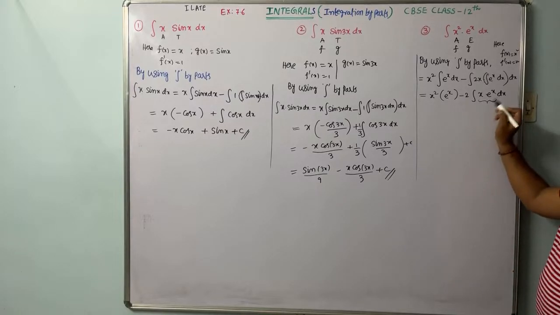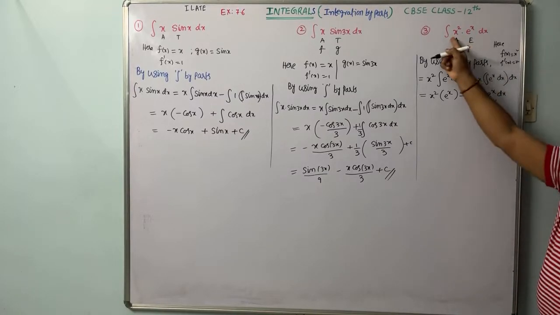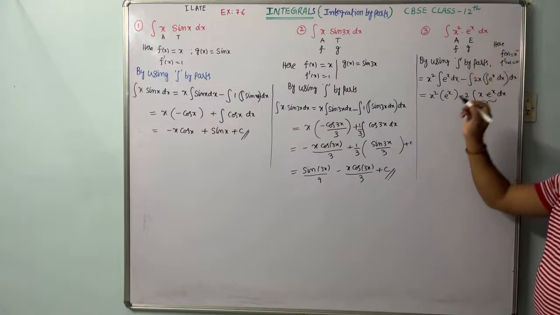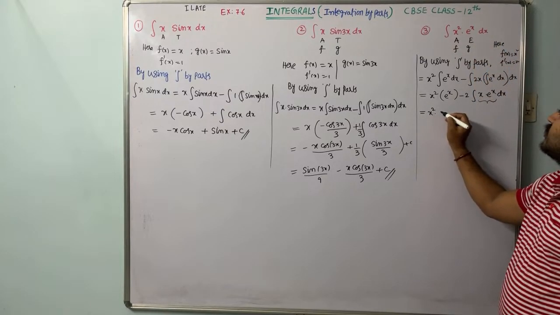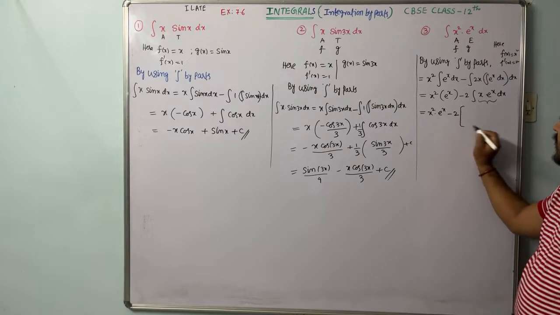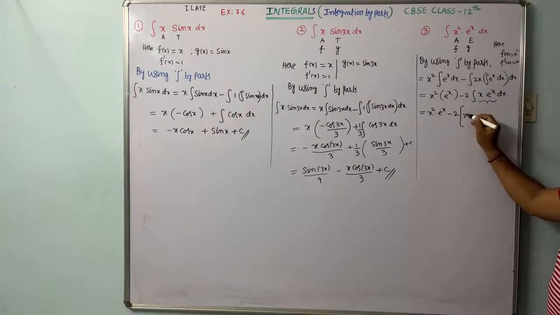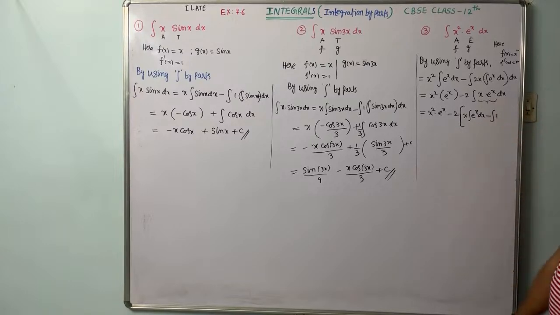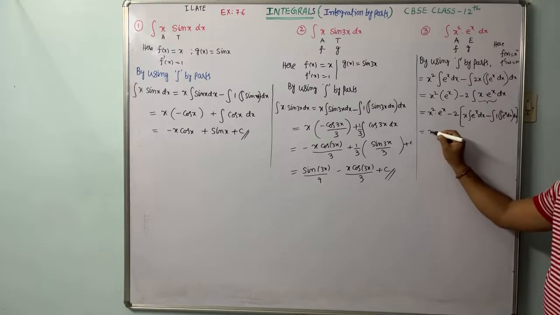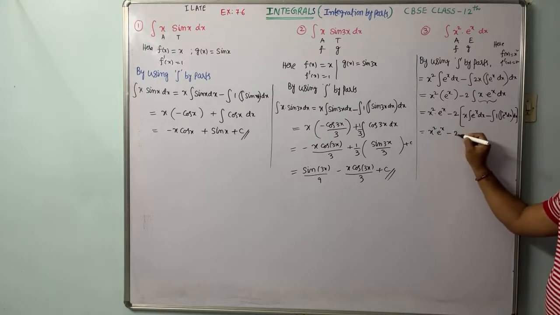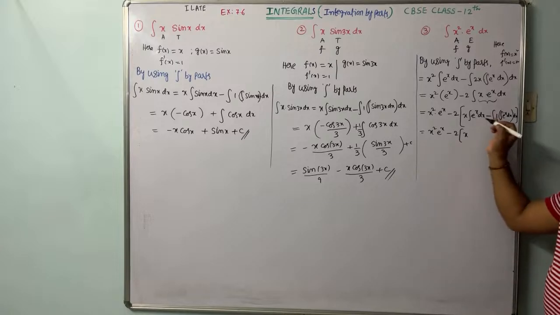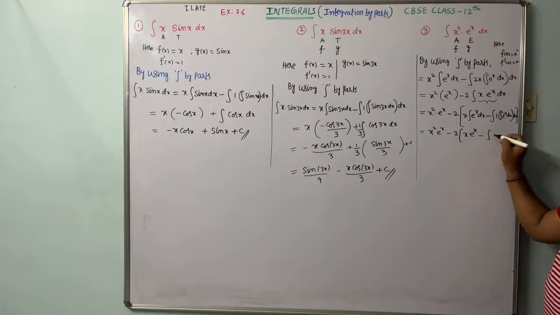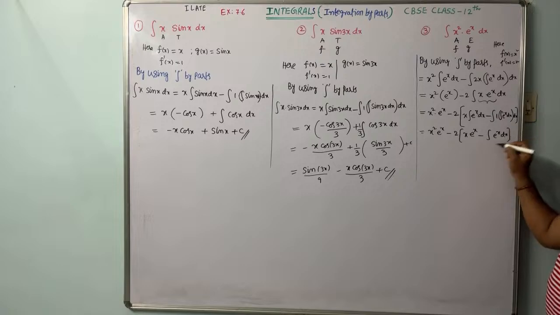Again you have to apply integration by parts. x belongs to algebraic, e power x belongs to exponential. So x square into e power x minus 2 into bracket: again this is f of x, x into integral e power x dx, minus integral f dash of x. x derivative is 1, integral e power x dx, whole dx, which is equal to x square e power x minus 2 into x into integral e power x, which is e power x, minus integral e power x dx.